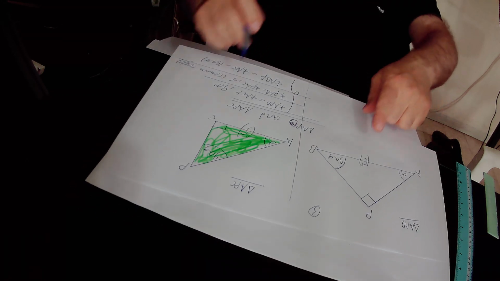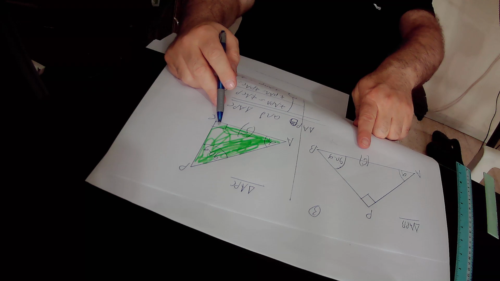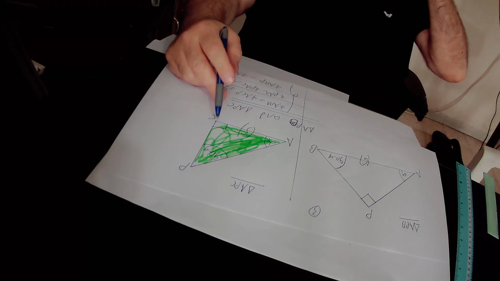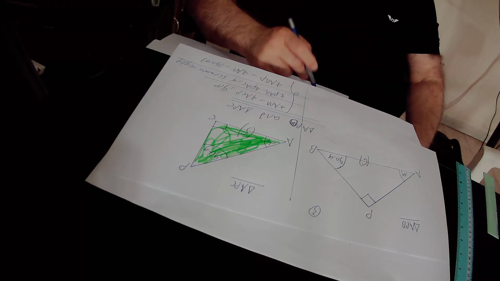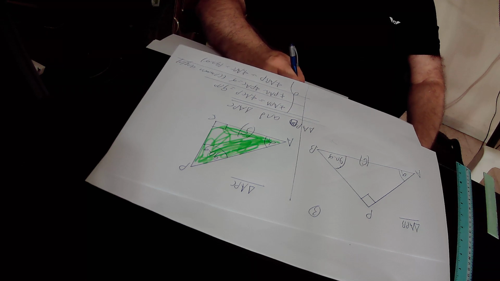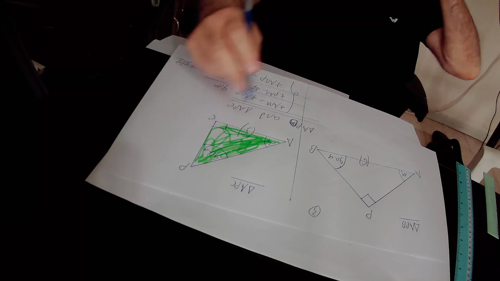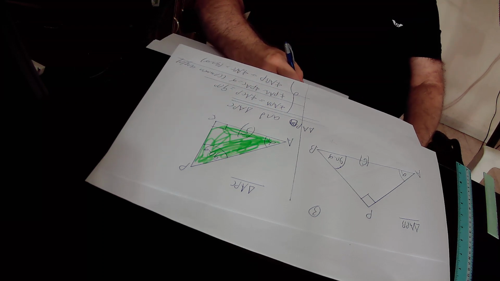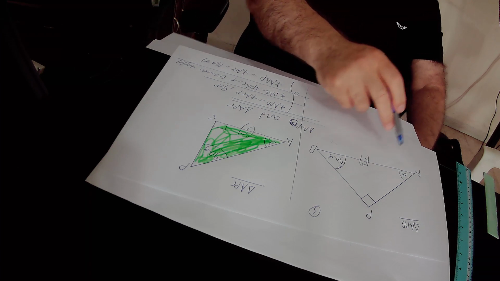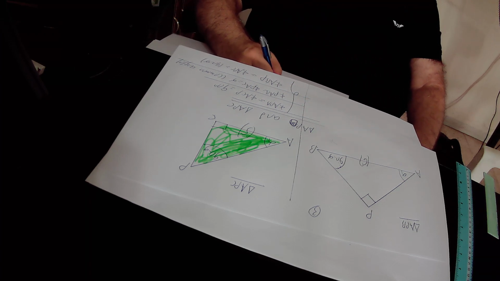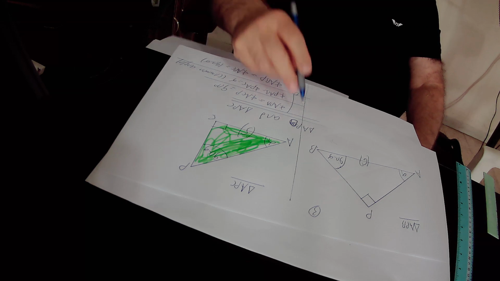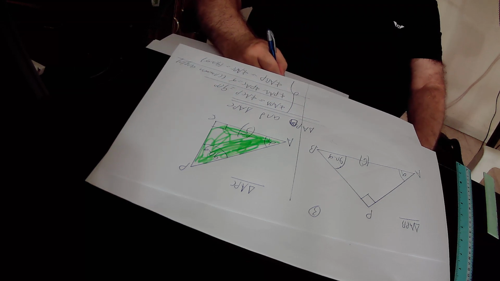So from the fact that those two right triangles are similar to each other, we will derive that side AB in the white triangle over side AP in the green triangle equals side AP in the white triangle over side AC in the green triangle.